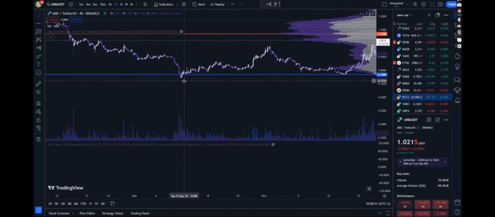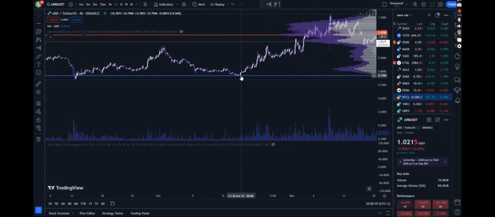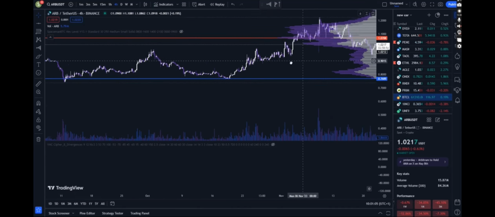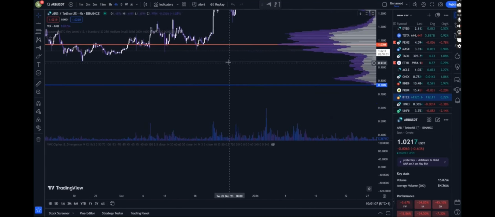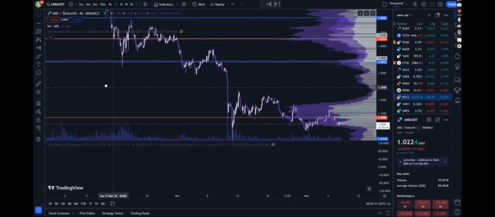See how we came out of the value area, pushed back into the value area. A lot of people will be like, oh, I've missed that entry. See how it came back to retest that value area low and then pushed off. So there's always an entry. People just think they've missed the entry straight away.